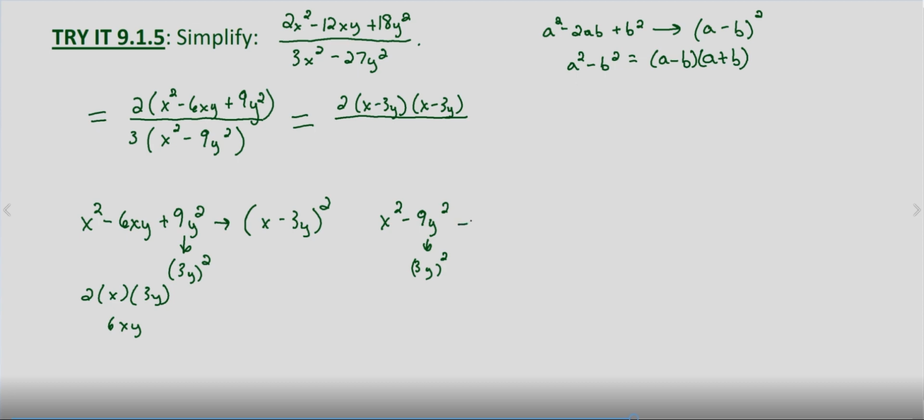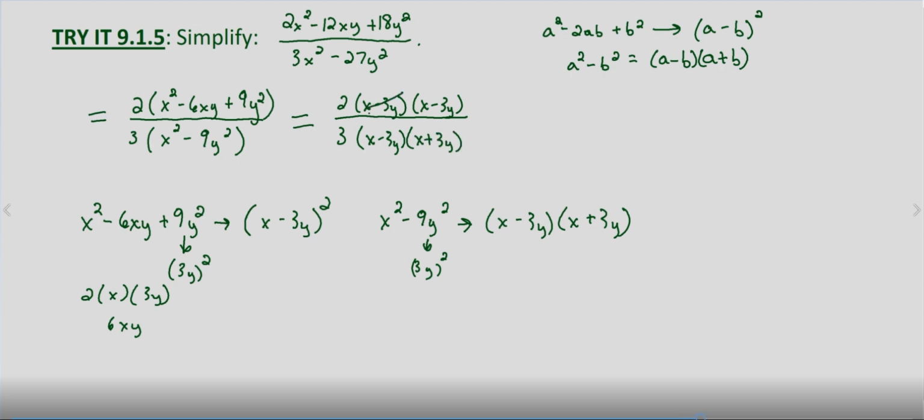So then this is going to be x minus 3y times x plus 3y. So then our denominator becomes 3 times x minus 3y times x plus 3y.